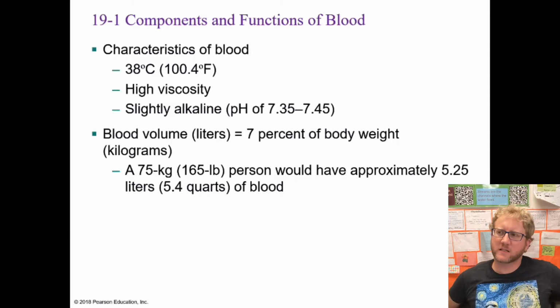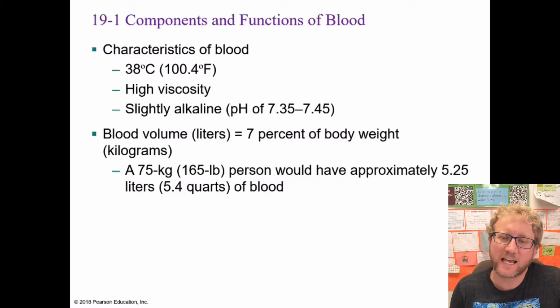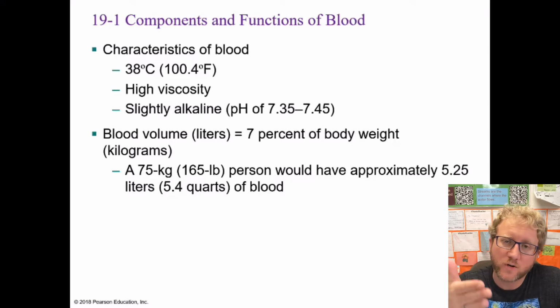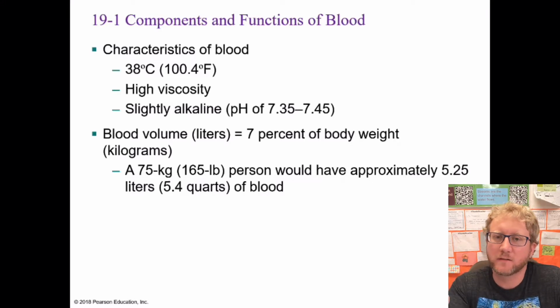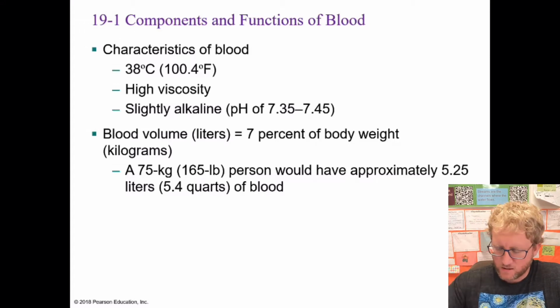So if we're doing pints, we're looking at 2 pints per quart, so you double that one, so there's about 10 pints of blood in an average human. If you're bigger or smaller than average, you're going to have a little bit less or a little bit more, depending on your size.